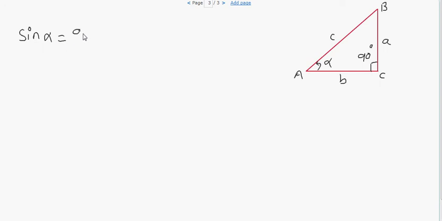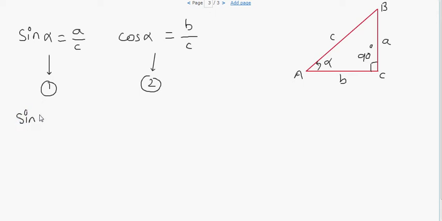Sine alpha is a divided by c, cos alpha is b divided by c. Let these be equations 1 and 2. Now we know sine squared alpha plus cos squared alpha equals 1.